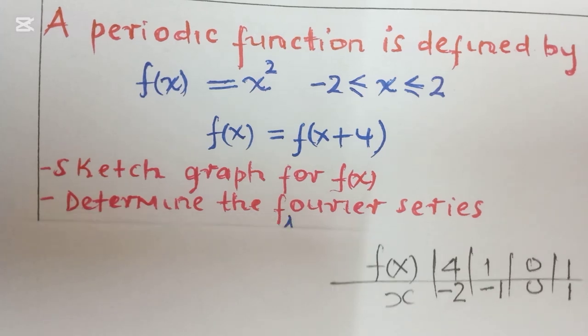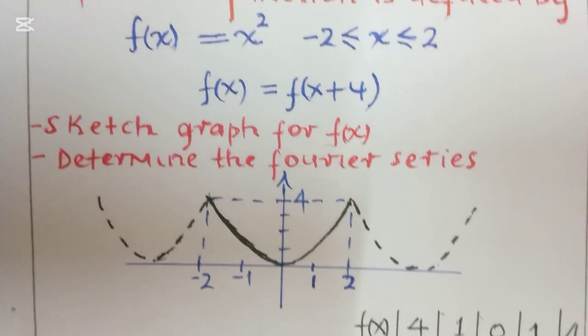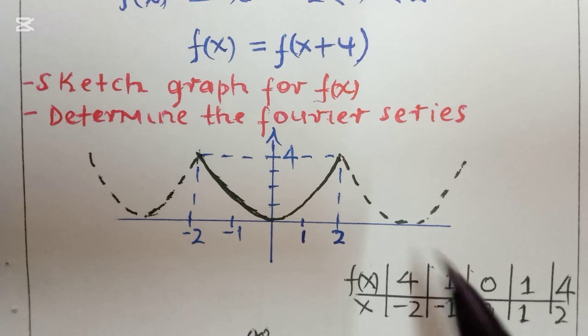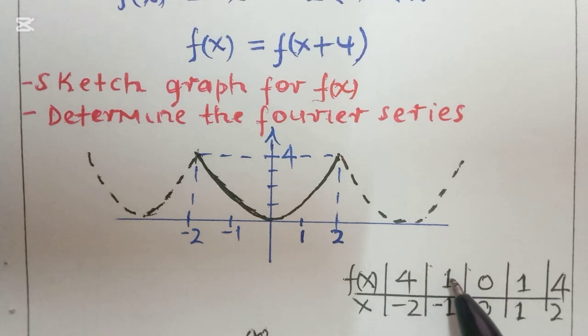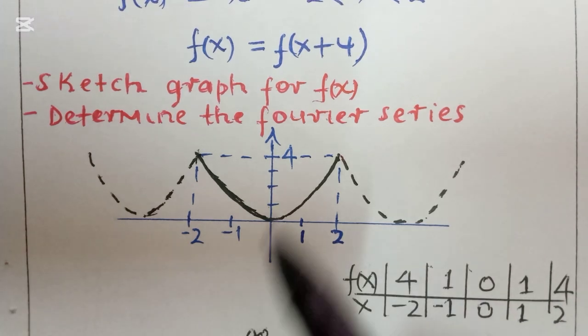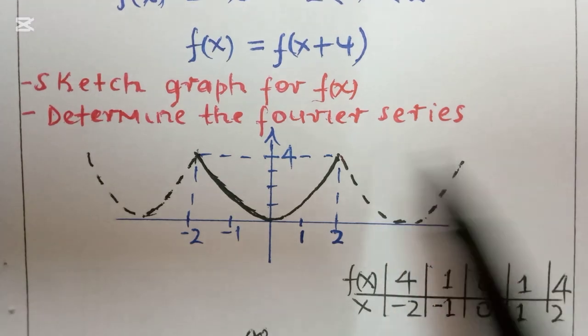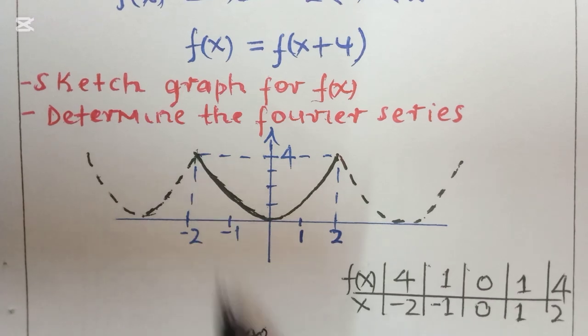I even drew the diagram. So this is my diagram that I have already drawn. I put x to be -2, and f(x) was 4; x = -1, f(x) is 1; 0 gives 0; 1 gives 1; 2 gives 4. So when I came to draw, beginning with -2, I had 4, and so I drew that point.